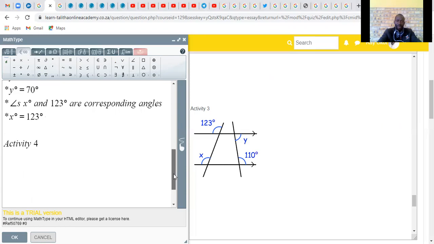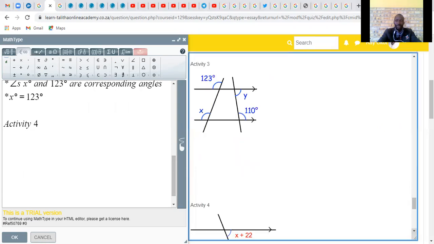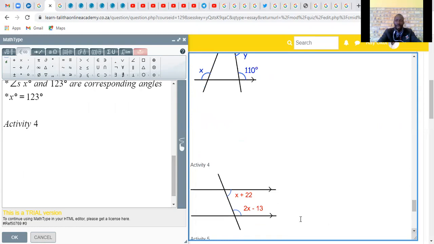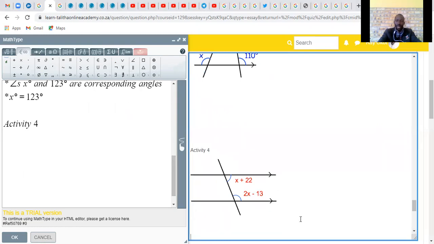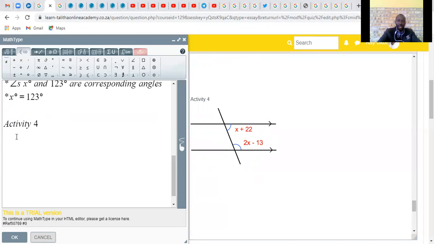Now, after determining the value of x, the next thing we want to look at is the next activity. So let's see what we have. Here, we have this angle and the other angle on the same side. And so these two angles are co-interior angles.